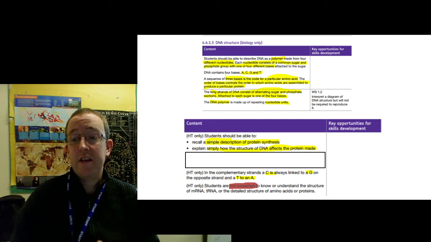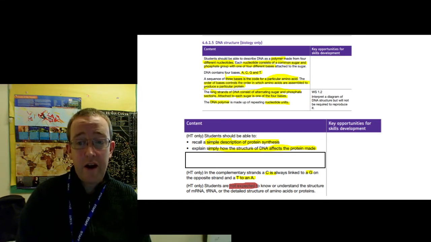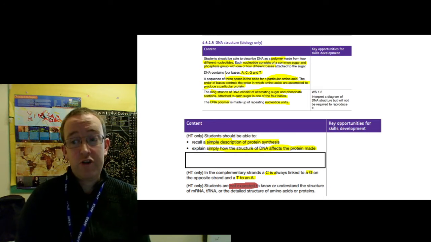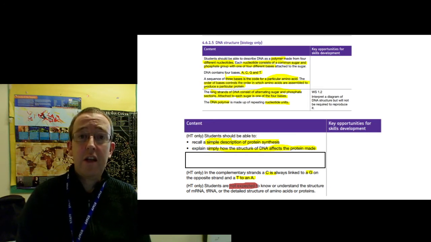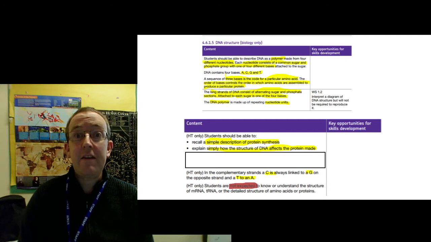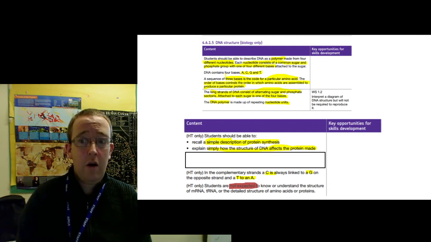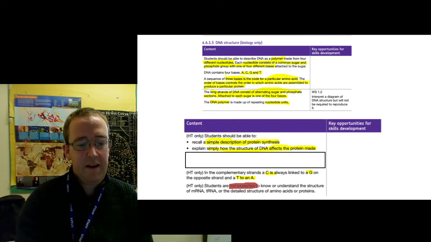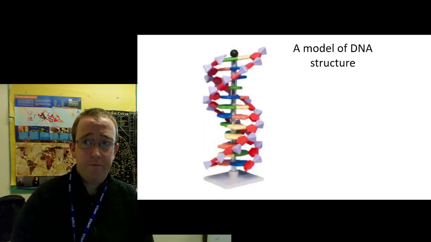Now note there it says students are not expected to know or understand the structure of the RNA molecules, mRNA, tRNA, or detailed structures of amino acids and proteins. So those are the gaps that I'm talking about that we'll leave out. Obviously do go and skip ahead to the A-level versions if you are annoyed by the gaps that are being left out. So moving on.